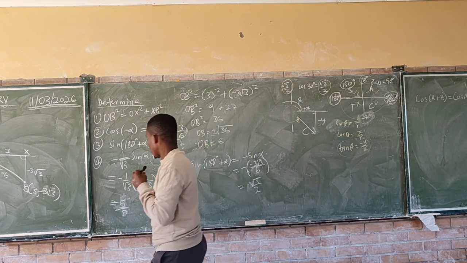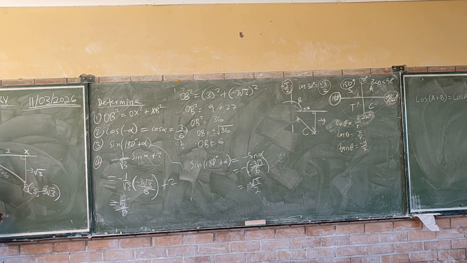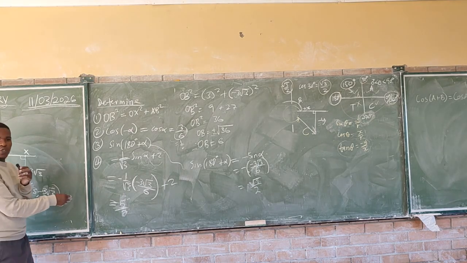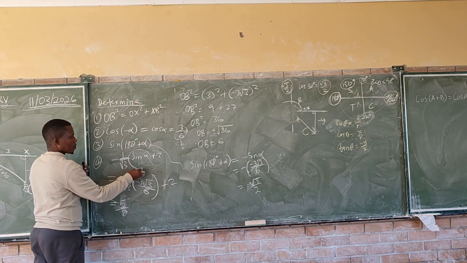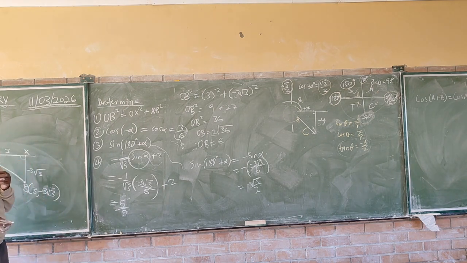But what I wanted to say maybe is that this diagram is in which quadrant? It's in the fourth quadrant again. And then look at this one. This one is sine theta and sine alpha. How is sine in the third quadrant?